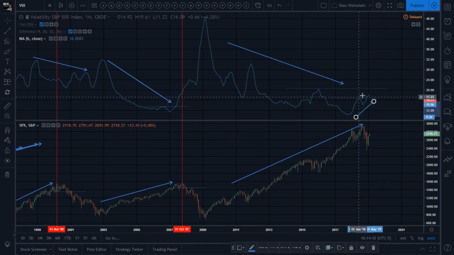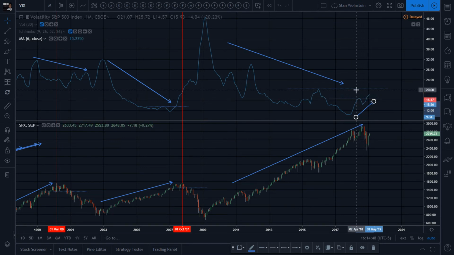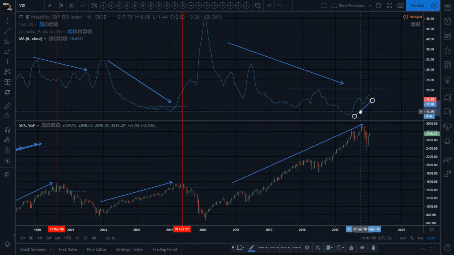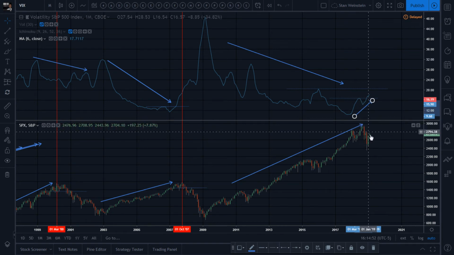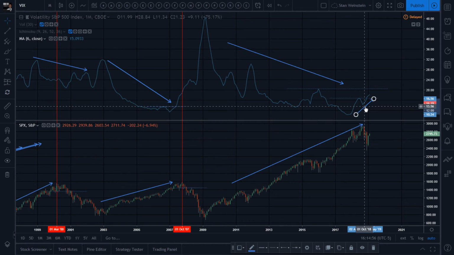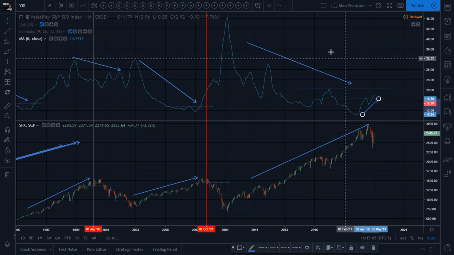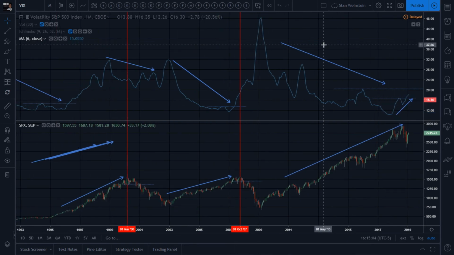VIX going up above levels, creeping higher and higher. If it breaks out above this, we're starting to consume right now. Even if the price action keeps going up, the VIX is starting to creep up higher and higher, indicating that we're probably entering an area where people are a little bit more fearful.